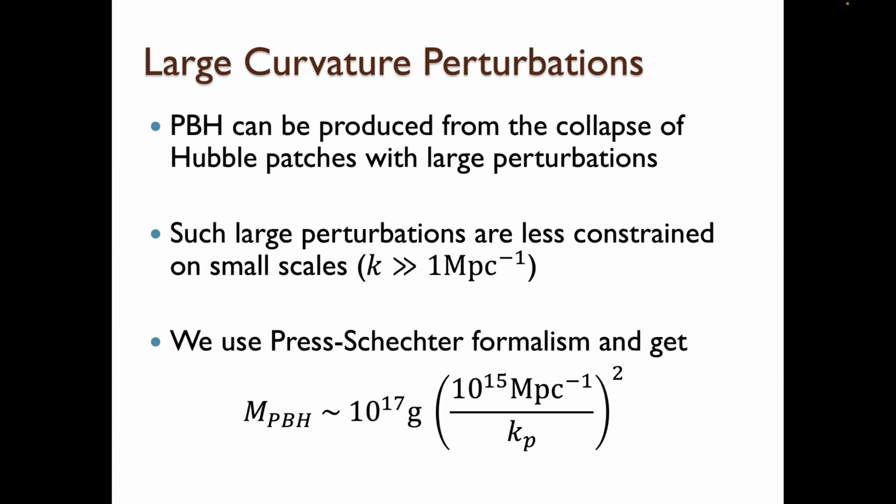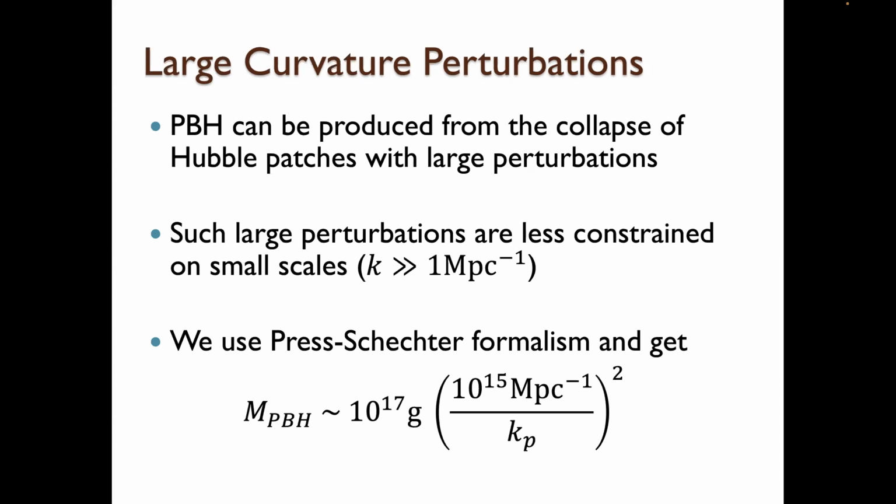If we have a large curvature perturbation at a certain k, then once this k mode enters the horizon, the whole Hubble patch collapses to a black hole. We can calculate the time that this k mode enters the horizon, then calculate the total energy of the whole Hubble patch, and that gives the mass of the primordial black hole.